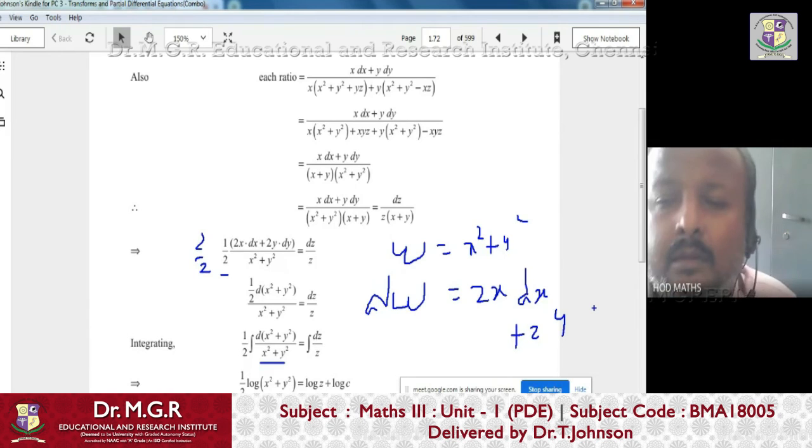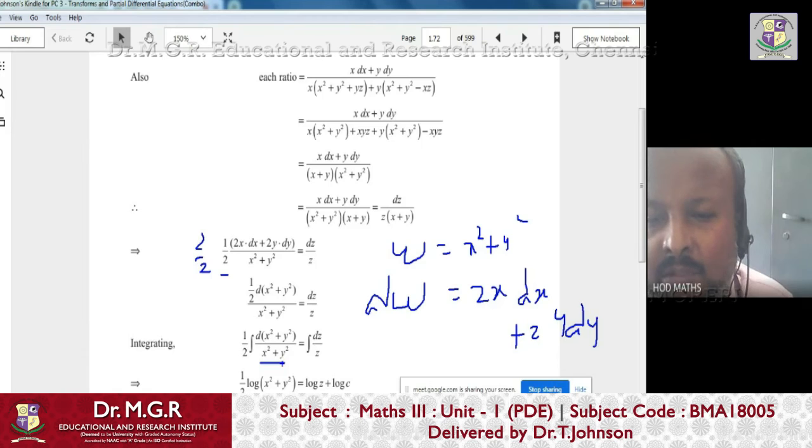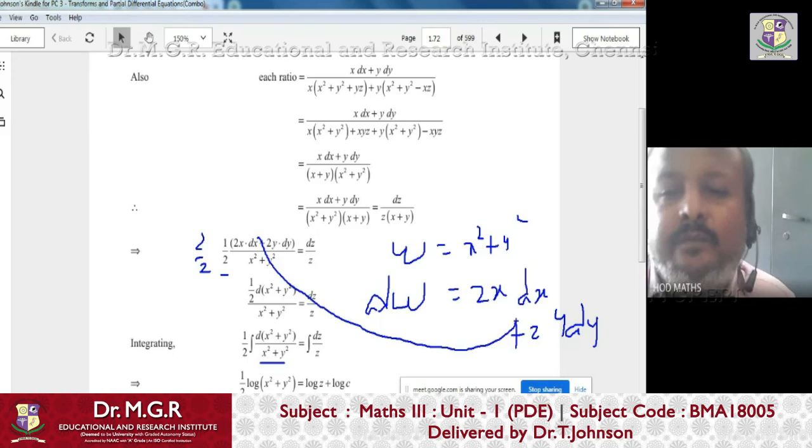Right. Okay. So it is 2y dy, right? So if you take this denominator x square plus y square as w, then your dw is nothing but 2x dx plus 2y dy. And you just check, this is nothing but the numerator here. So whatever the denominator is, if you differentiate that denominator, you will get the numerator.